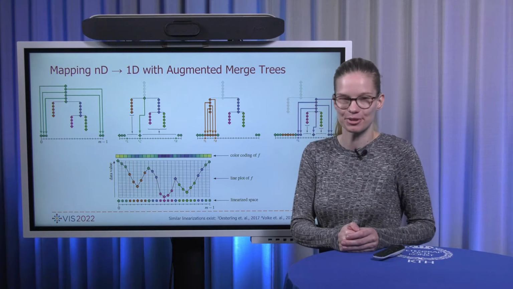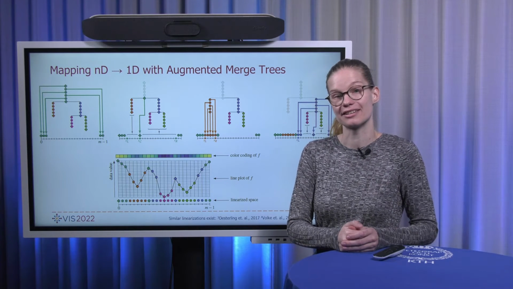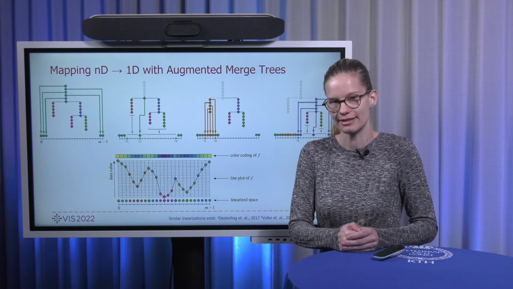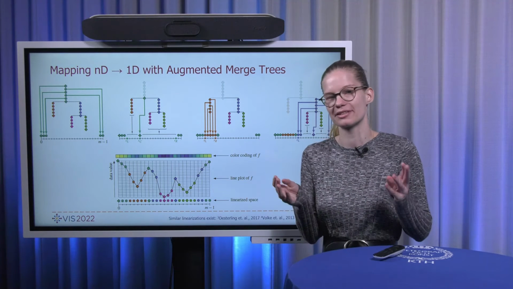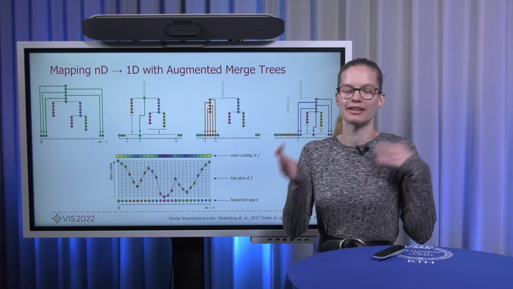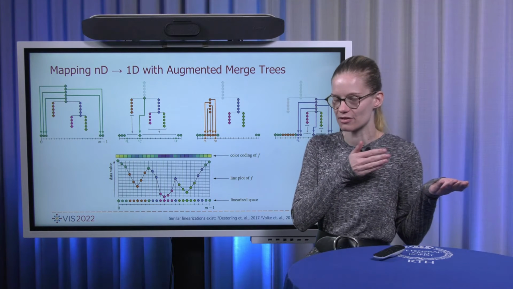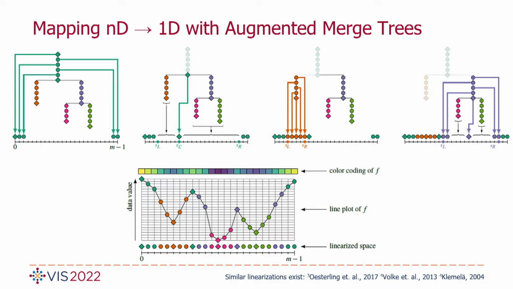Note that we aren't the first ones to make this observation that a tree can be used to linearize data, creating a 1D representation that has the same tree as a tree in n dimensions. For example, Oesterling et al., Weber et al., and Clemens all created similar 1D representations like ours here as well.